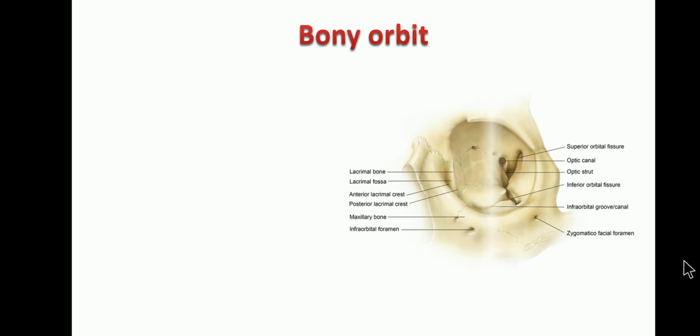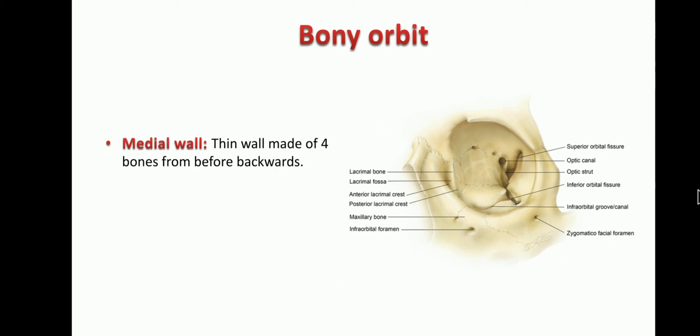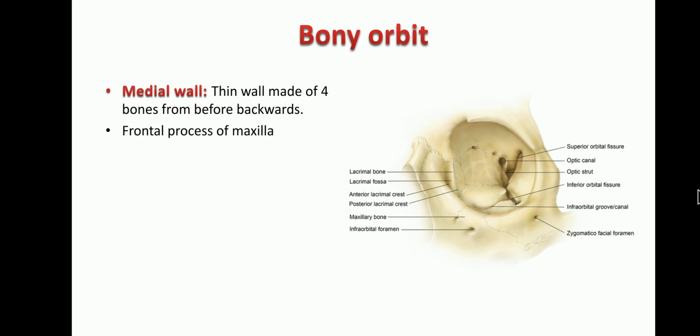So finally, the last wall of the orbit is the medial wall. Here you are able to see the medial wall. From before backwards, it is formed by 4 bones, and this is the thinnest wall. Compared to the other 3 walls, this wall is very thin. The first bone is the frontal process of maxilla.